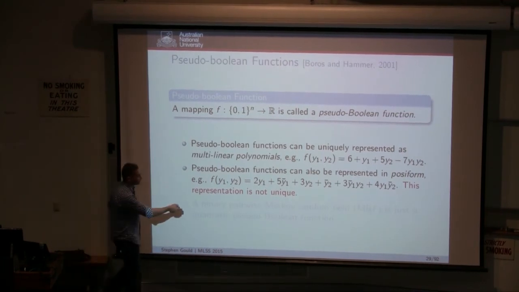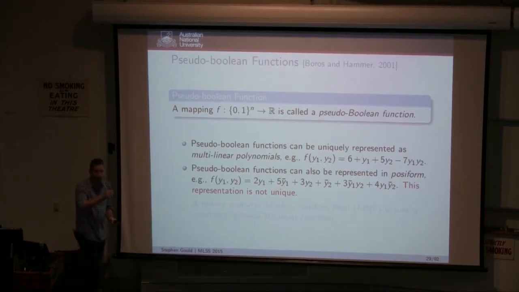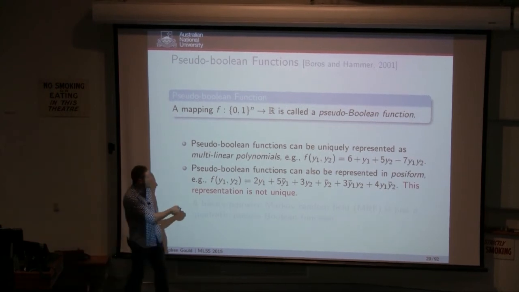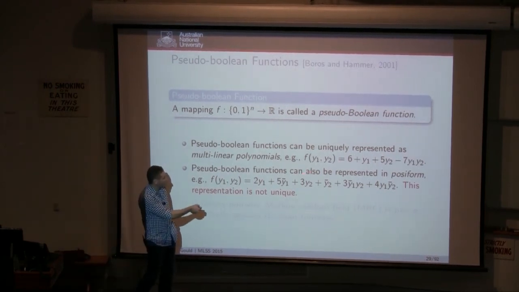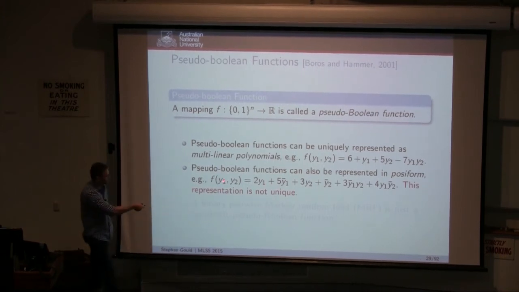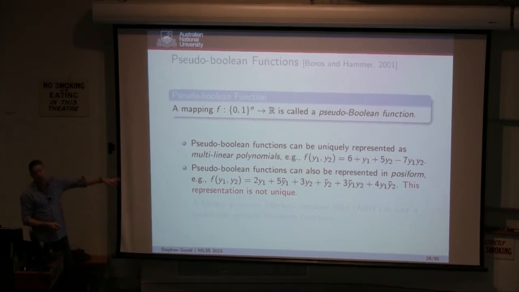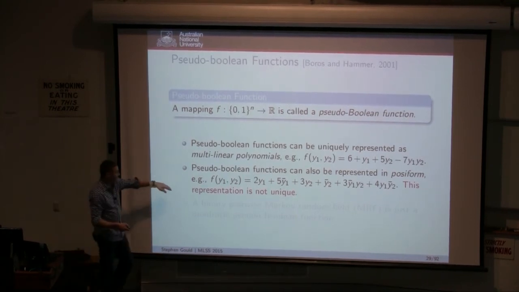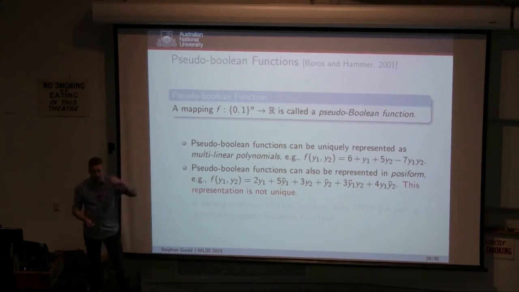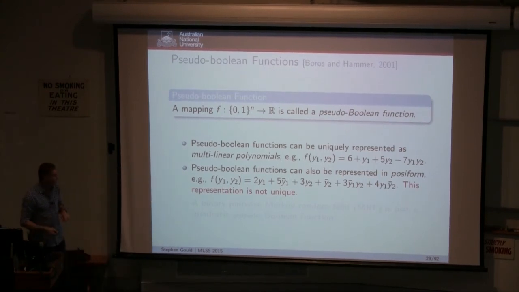So every coefficient is positive, except for the possibility of a constant term at the end, which can be negative. I can write this function here in this way, and if you evaluate this function for every possible value of y1 and y2, you get exactly the same value. It turns out this representation is not unique, and that's going to be an important property that we're going to exploit later when we look at the graph cut algorithm.